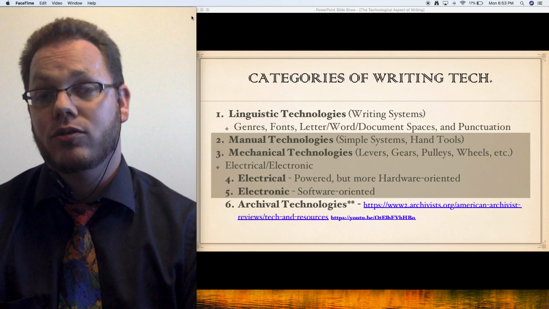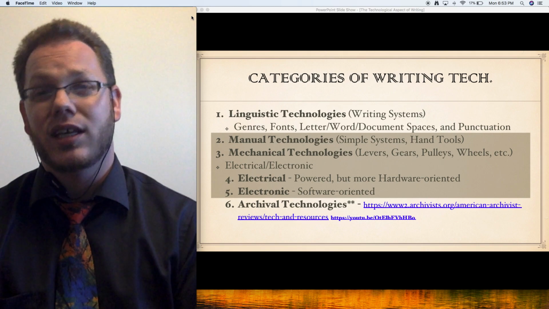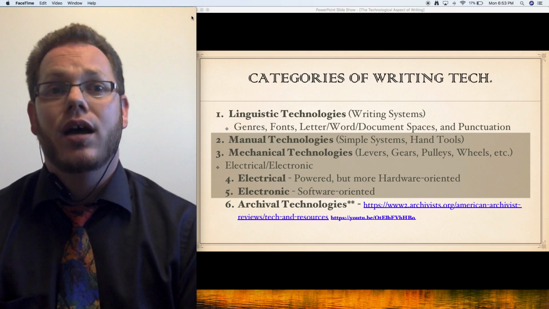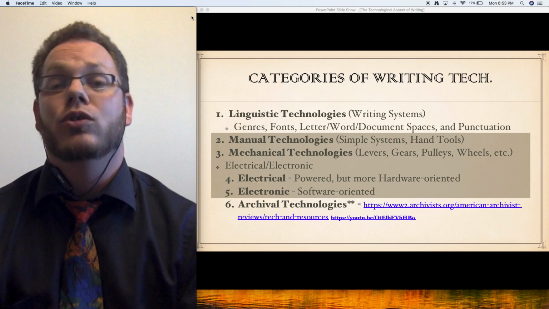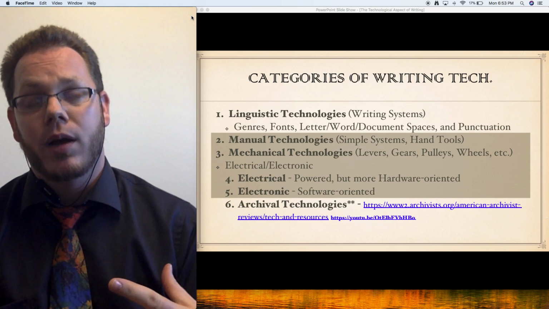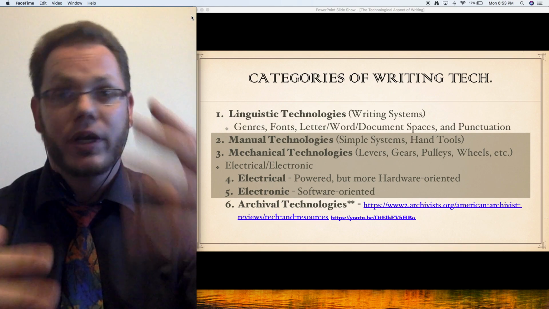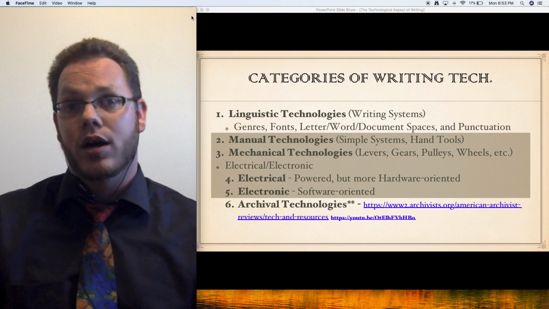Great stuff. So there are a lot of different ways into writing technologies, thinking about how we produce texts, and the specific mechanisms we use, whether those are producing text physically or digitally, or trying to store memories, or how we store those texts once they are produced.